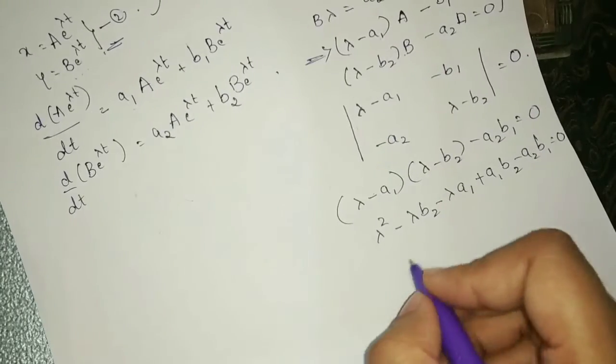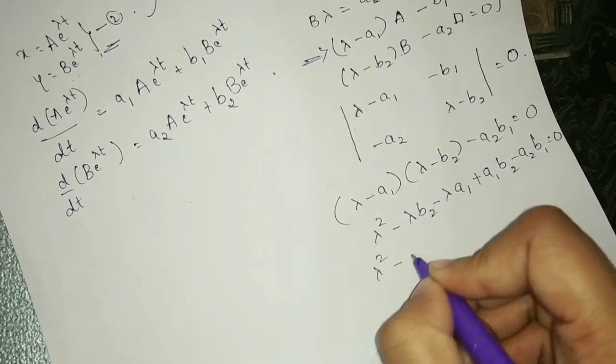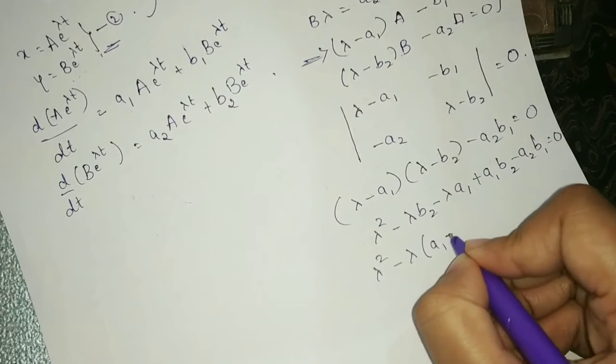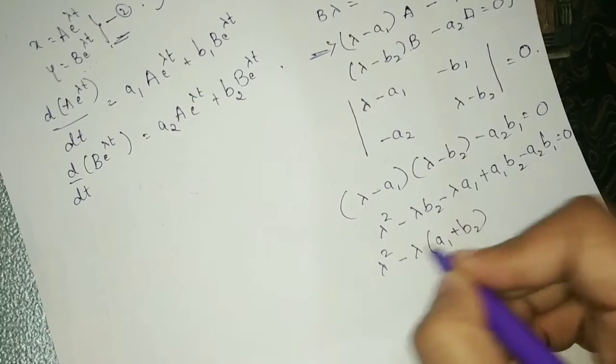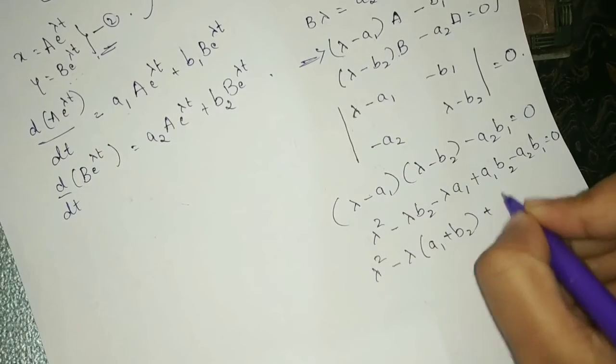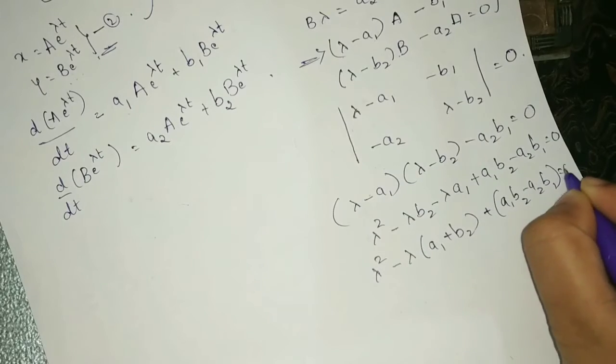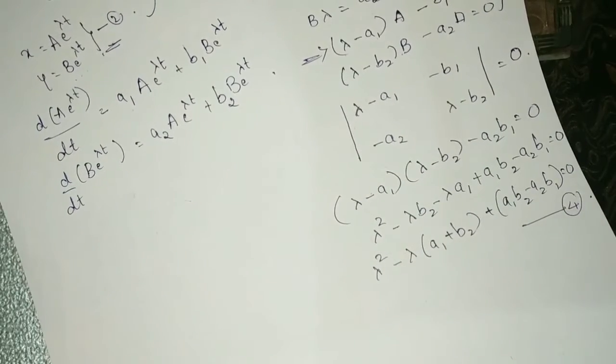This can be simplified as lambda square minus, if we take lambda outside, this will be a1 plus b2, plus a1 b2 minus a2 b1 equal to 0. Call this as equation 4.